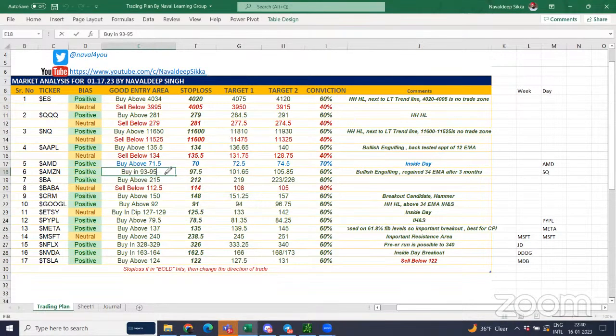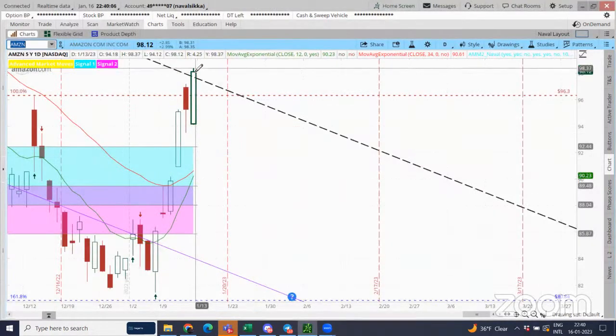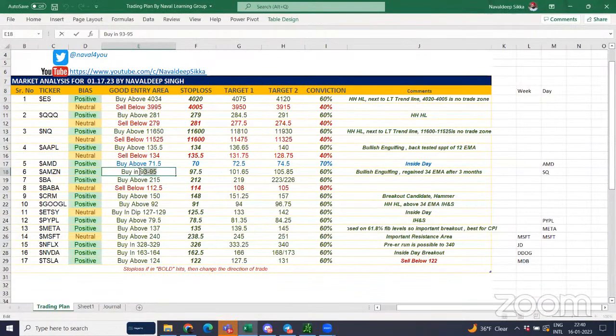And where should I buy? I want to buy above Friday's high, which is 98.50. When I'm thinking to buy above Friday's high, it means that I want to see whether the price action is confident enough to take it higher, or it wants to keep it in that range. So definitely it's going towards 105, 106.